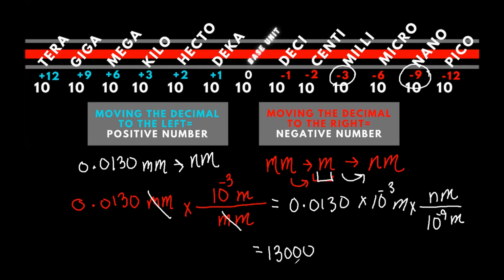13000. Then you're going to go ahead and check for significant figures. So you started out with 1, 2, 3 significant figures, right? And so you want to end up with 3 significant figures as well. Okay, so let's go ahead and do that. In order for us to finish out with 3 significant figures, we will have to take this number and change it to scientific notation.